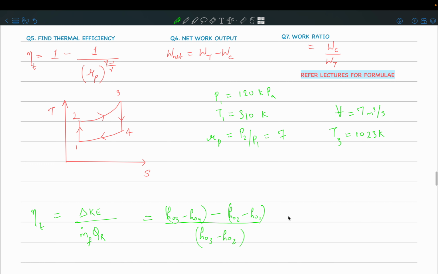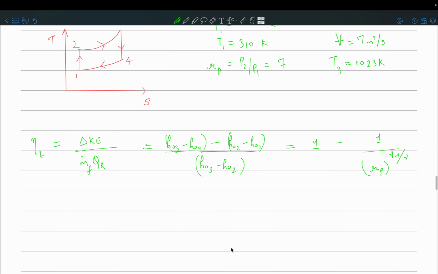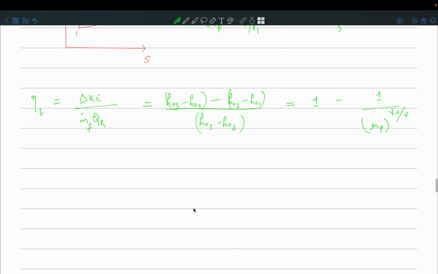Using this definition and some gas dynamic relations, you can derive the formula that thermal efficiency is equal to 1 minus 1 divided by the pressure ratio to the power gamma minus 1 divided by gamma. Now if you just plug in the values, gamma for air is 1.4, Rp is given as 7, thermal efficiency will turn out to be 43%.